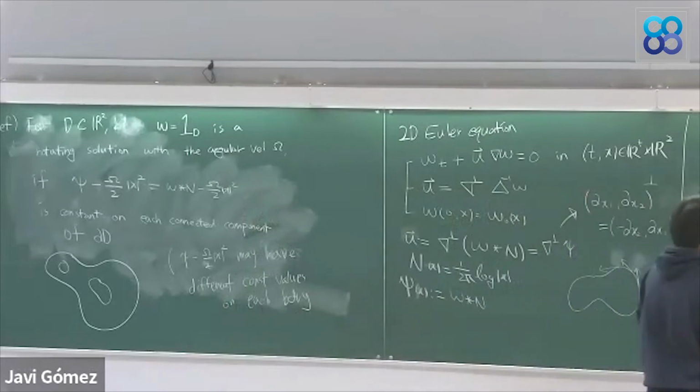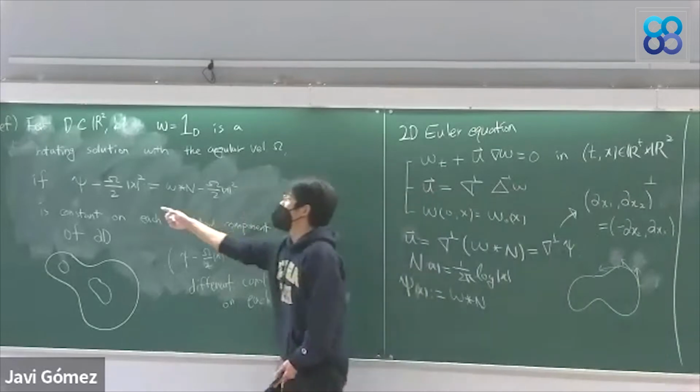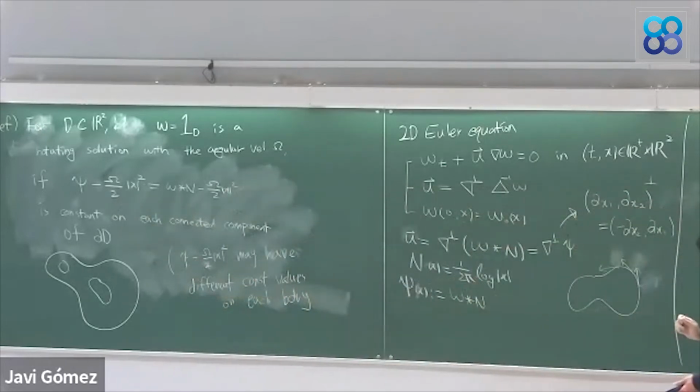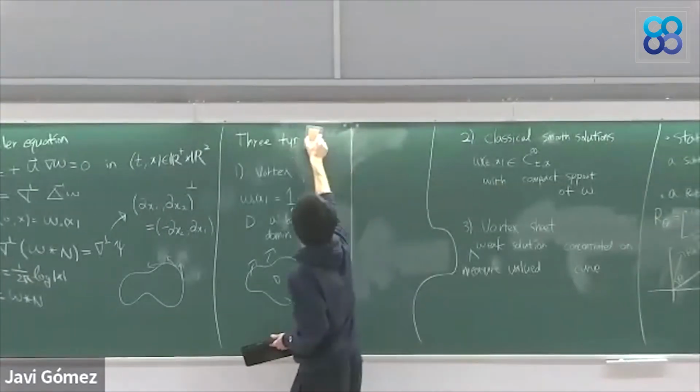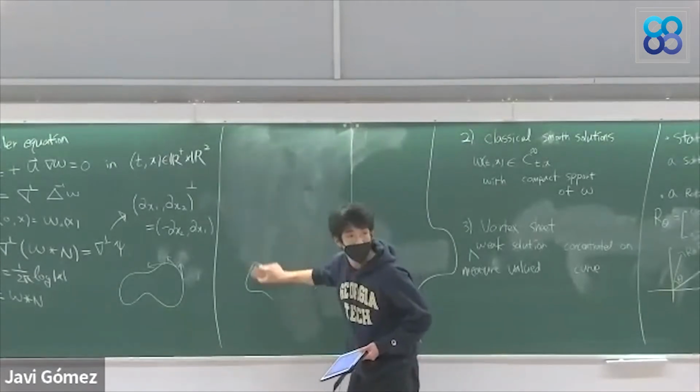Because as we saw here, all we need is that the boundary is a level set of this guy. Right? Any questions? Yes.